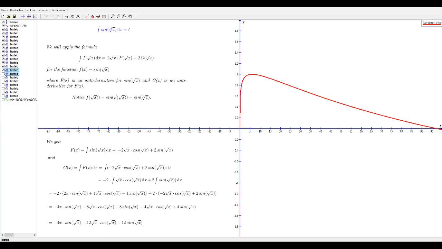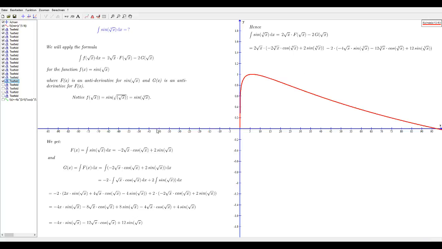And so finally, we can integrate the sine of the fourth root of x via the formula, and then we simply plug in. What we are doing is putting our capital F here, but then we evaluate it at square root of x rather than at x. Here, this capital F of x, right?